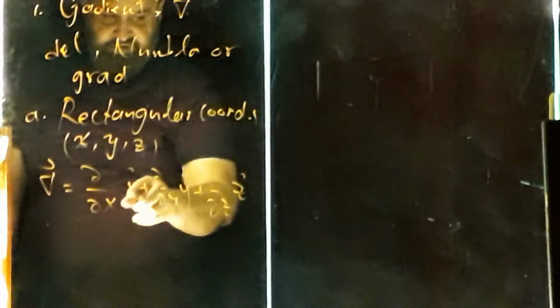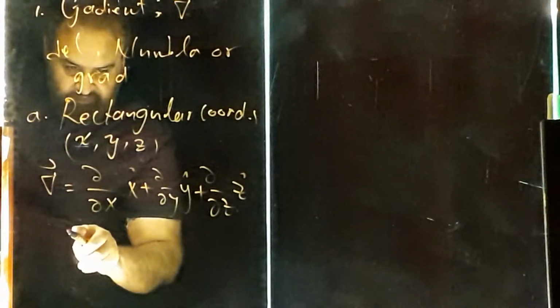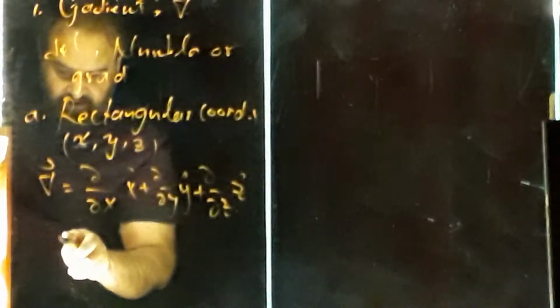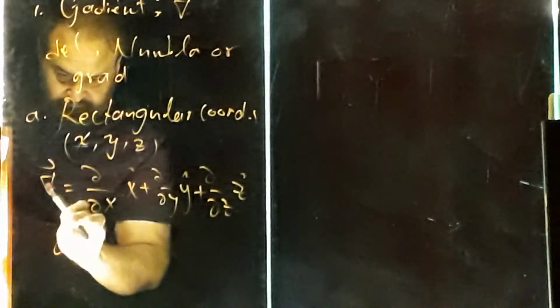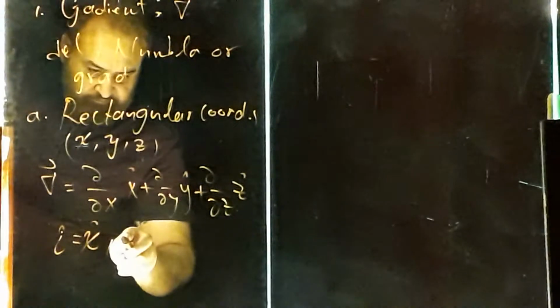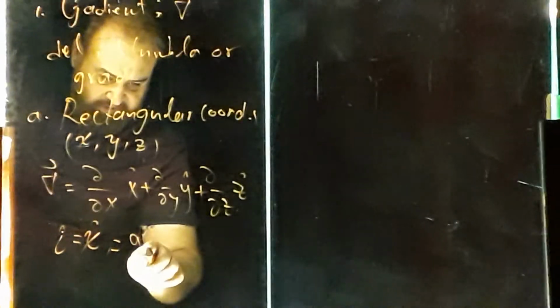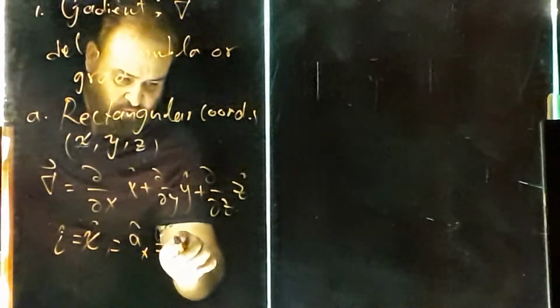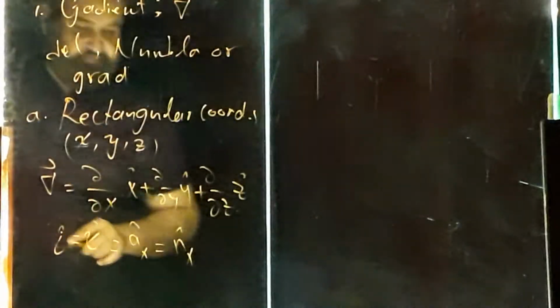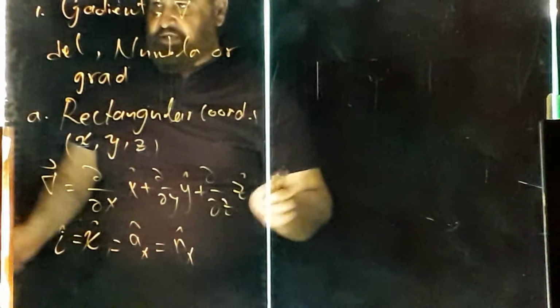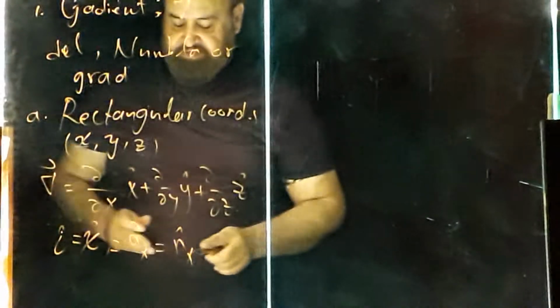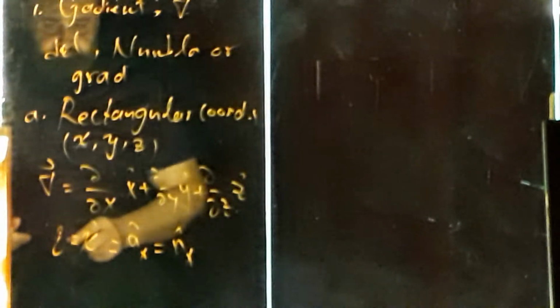These unit vectors can be written as i hat, which is equal to x hat, equal to a sub x hat, equal to n sub x hat. All of these are unit vectors of the x-axis coordinates.